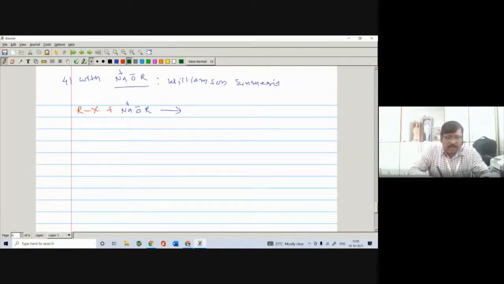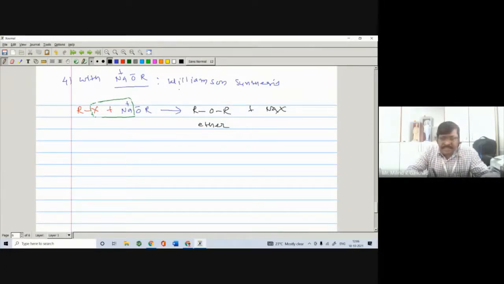X from this, Na from this, there is a removal of NaX, and there is a formation of an ether, ROR, plus NaX, sodium halide.